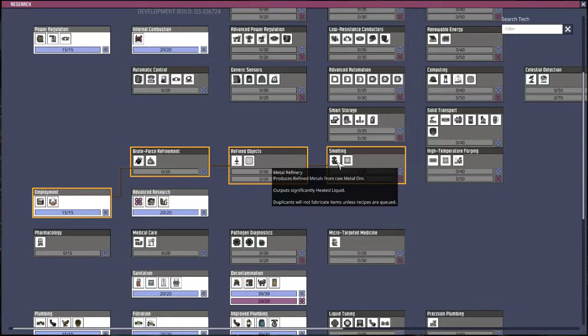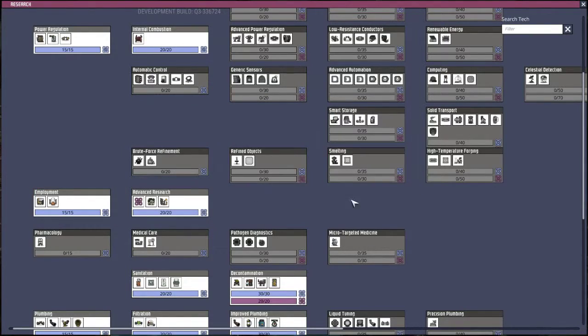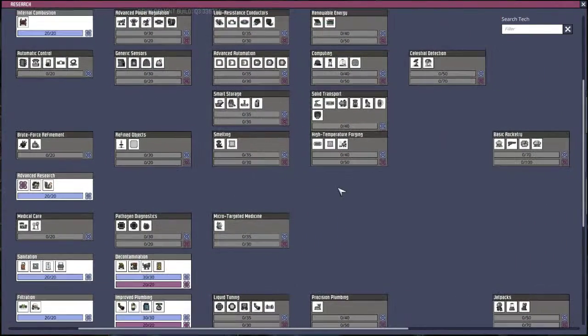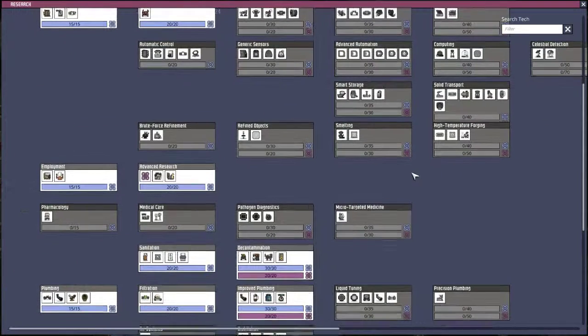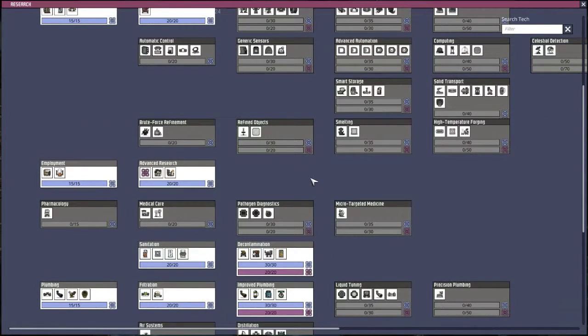Is the metal that comes out of the metal refinery hot? Okay. The liquid is hot, but that's fine. The coolant is hot. Alright.